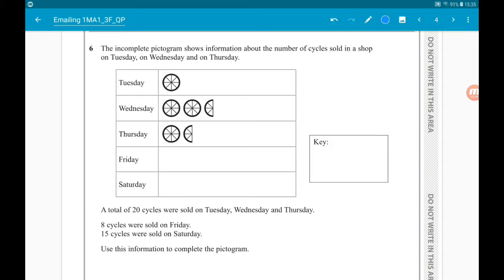We are told a total of 20 cycles are sold on Tuesday, Wednesday, and Thursday. 8 cycles are sold on Friday. 15 cycles are sold on Saturday. We want to use this info to complete the pictogram.